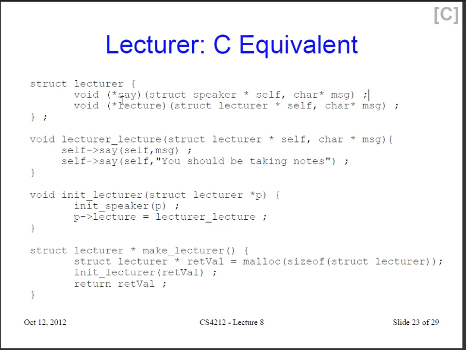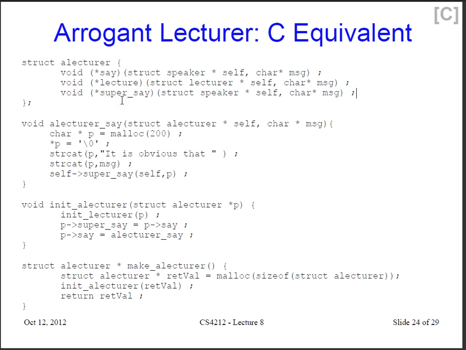And now let's see how overriding is performed. So overriding is performed in the following way. We will still have a say field. We will still have a lecture field, because these are inherited from the speaker and lecturer, but we're going to be overriding.